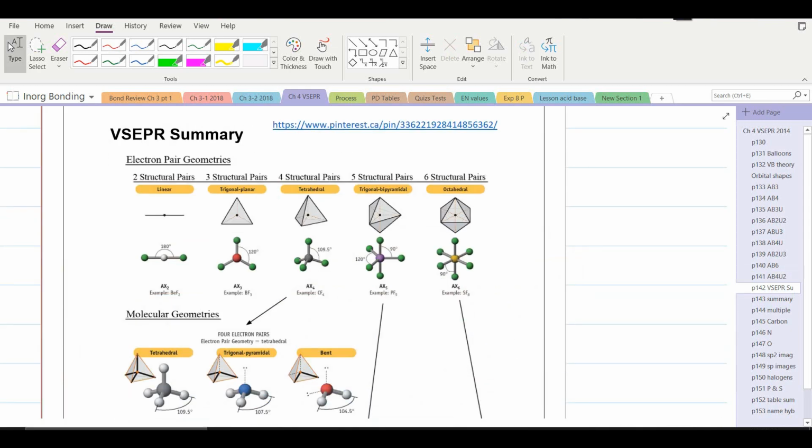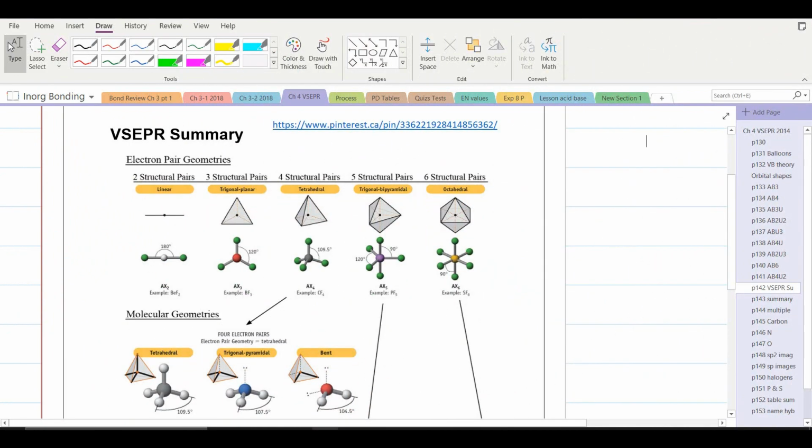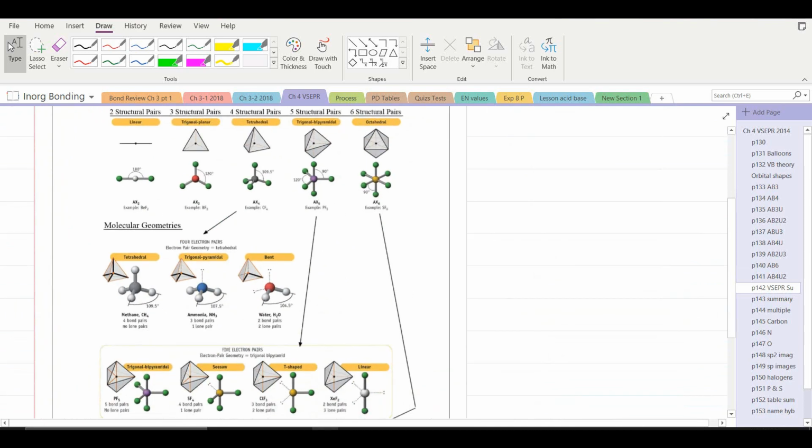On page 142, here's that VSEPR summary, again from Pinterest. 2 electron clouds is linear, 3 electron clouds, triangular planar, 4 electron clouds, tetrahedral, 5 electron clouds, triangular bipyramidal, and 6 electron clouds, octahedral, and then we have variations involving unshared pairs of electrons for tetrahedral, triangular bipyramidal, and octahedral.